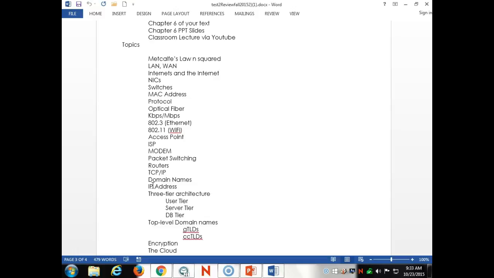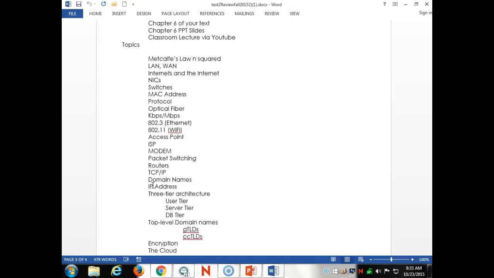And the other type of top-level domain names are associated with countries, like .ca for Canada, .uk for England, the United Kingdom. So those are generic and country code top-level domain names.